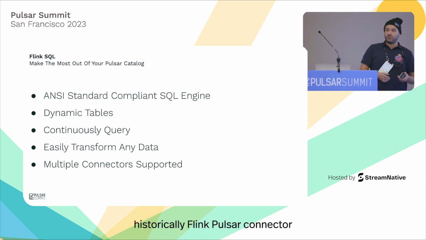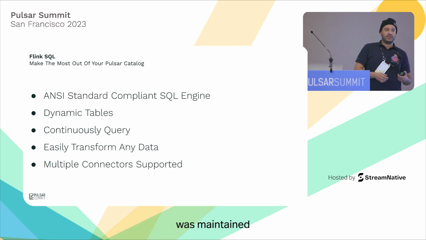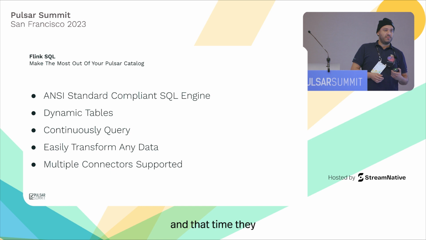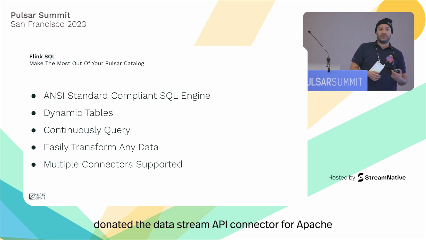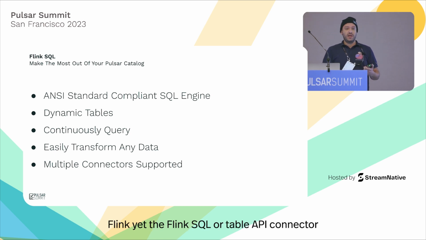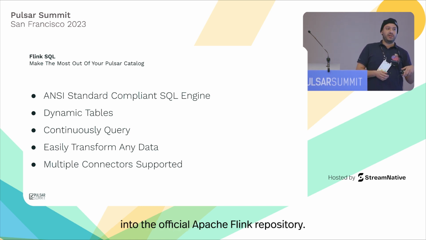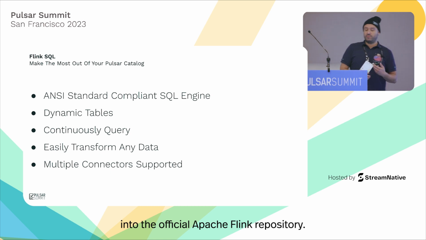Historically, the Flink Pulsar connector was maintained in a fork of Apache Flink by StreamNative, and at that time they donated the DataStream API connector to Apache Flink. Yet the Flink SQL or Table API connector, as well as the catalog, are still yet to be merged into the official Apache Flink repository.